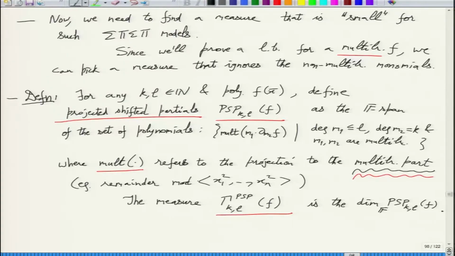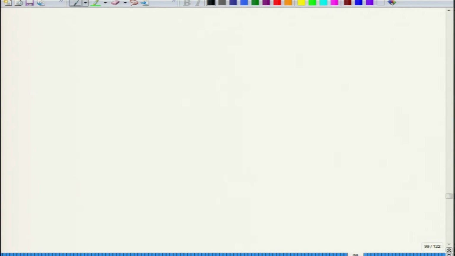Yes, let us quantitatively do this. Let's do the upper bound. What expression do you get?